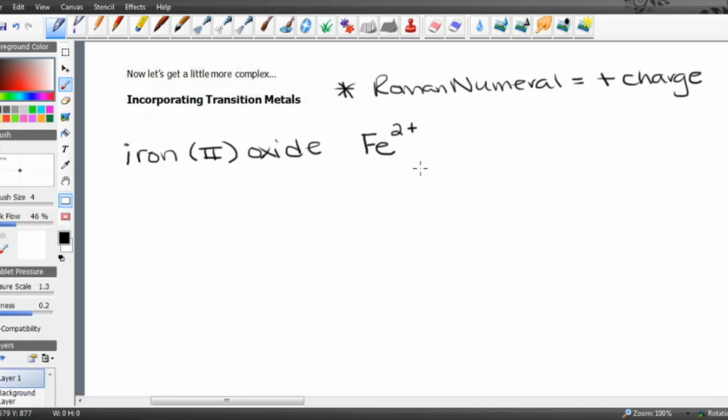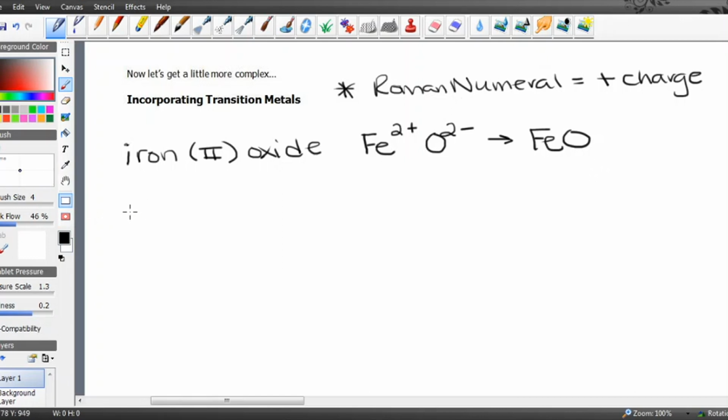Iron 2 plus. And now I'm going to write my anion, oxide, that's oxygen. And oxygen makes a 2 minus. So to make those charges cancel out, I only need 1 of each. And again, 1s are understood, so I'm not going to use any subscripts. There's my formula for iron 2 oxide.